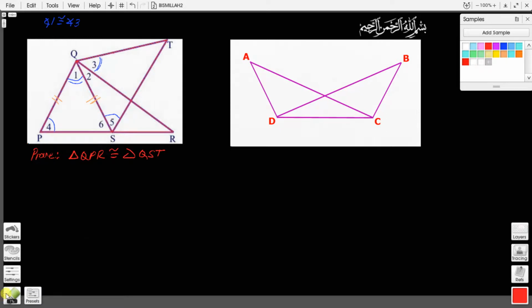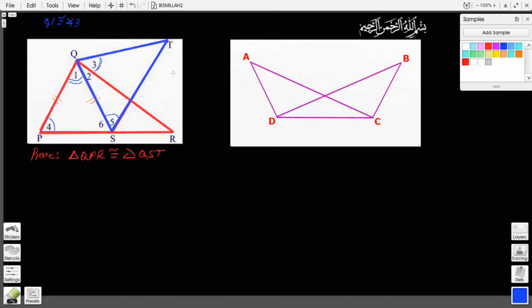Okay, so let's first figure out what those triangles are. We're asked to prove that this triangle right here, QPR, is congruent to this triangle, QST, right here.